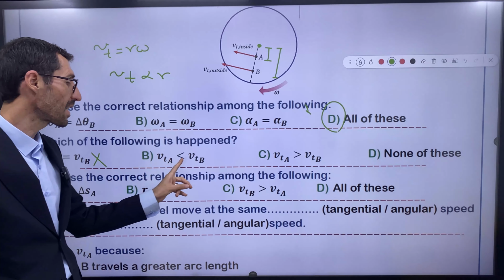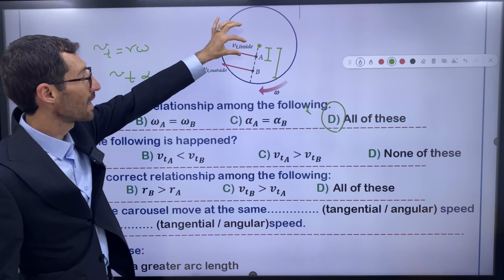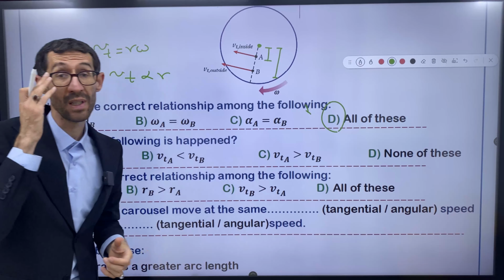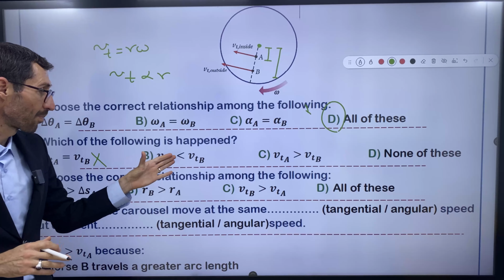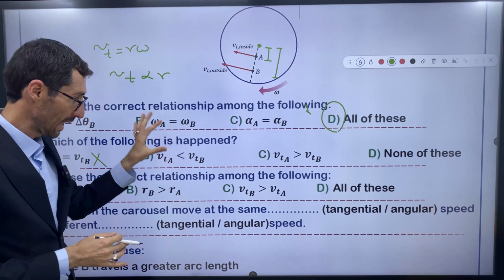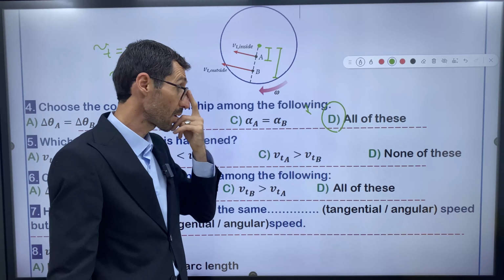B, Vt of A is smaller than Vt of B. Nice. Vt of A is smaller. Why? Because point A is closer to the axis of rotation than point B. That's why we accept this one. It's true. C, Vt of A is greater than Vt of B. So we don't accept it.